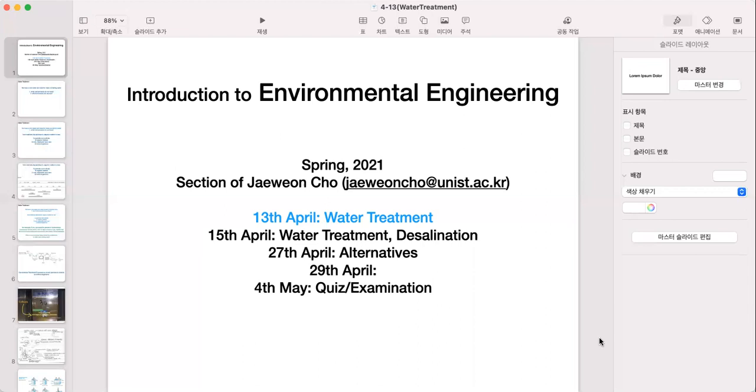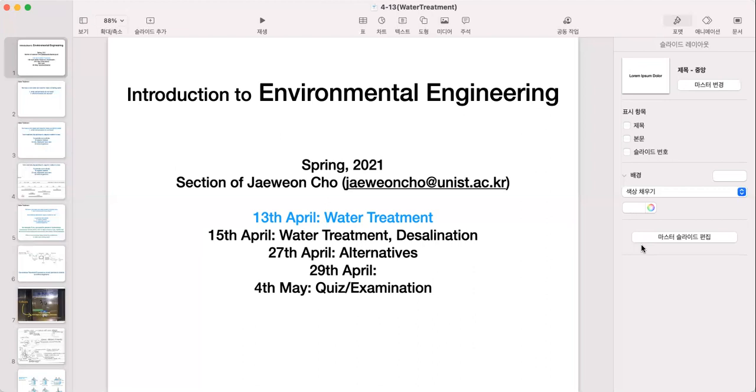삼다수 is about 500 milliliters, right? It is about 1,000원. Okay.